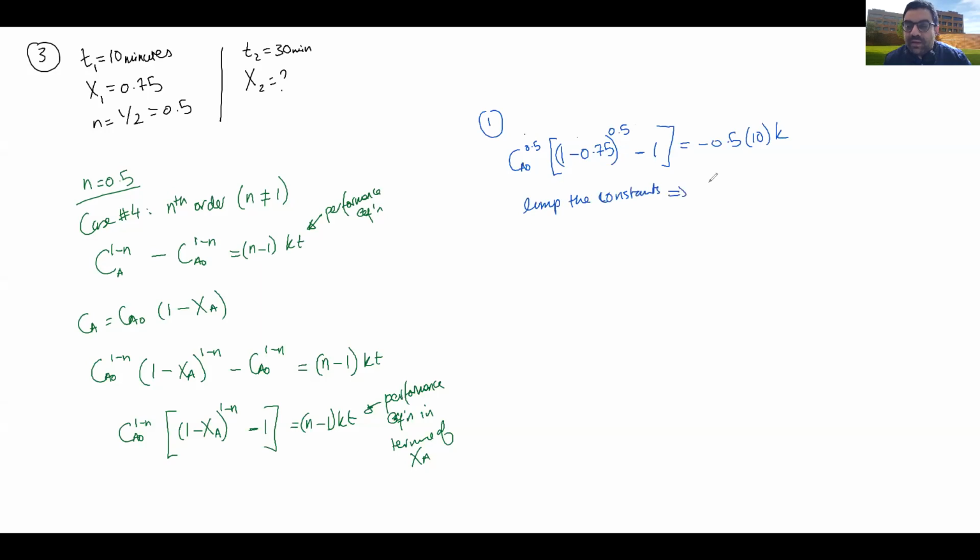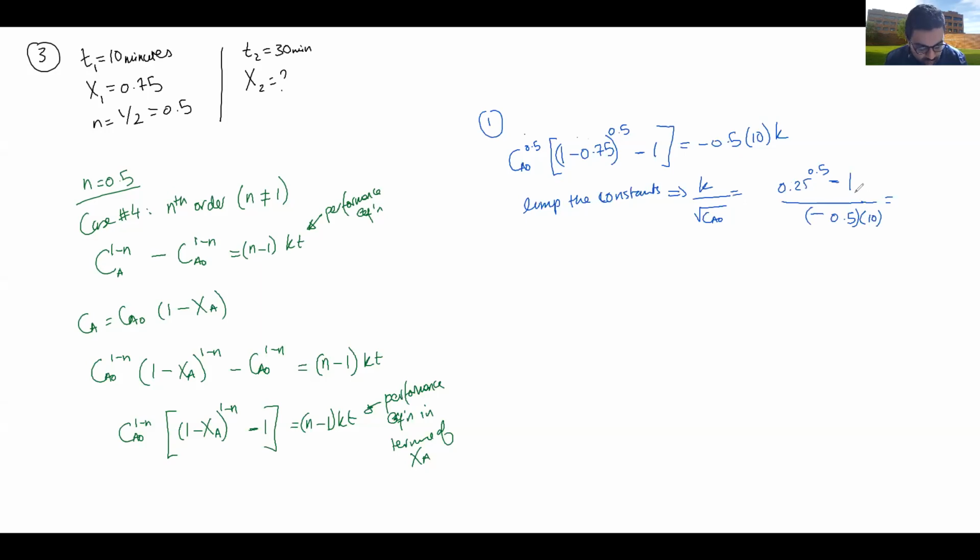And if I do that, I can get k over square root of CA note is equal to, so this is 1 minus 0.75, which is what, 0.25? 0.25 to the power 0.5, minus 1, divided by minus 0.5 into 10, right?